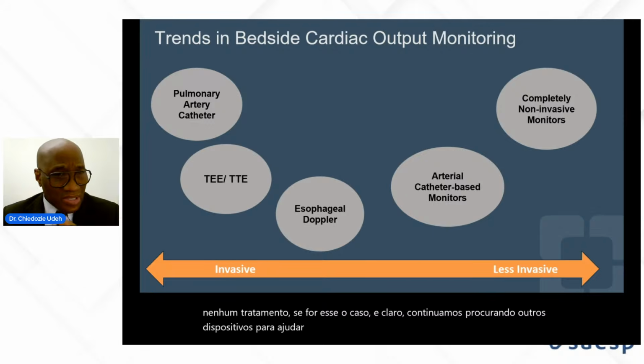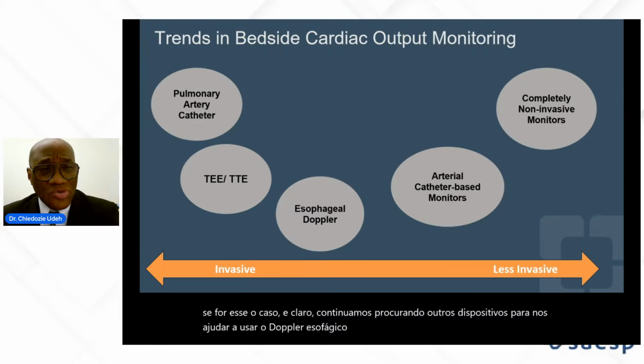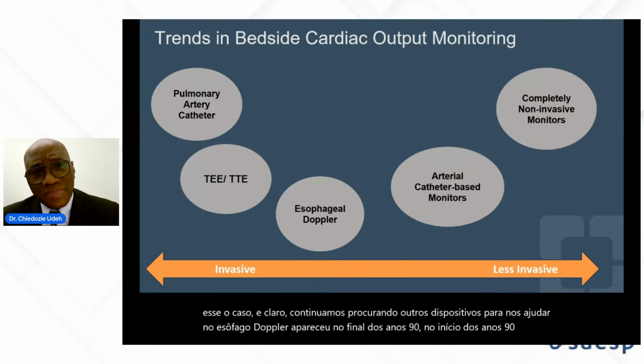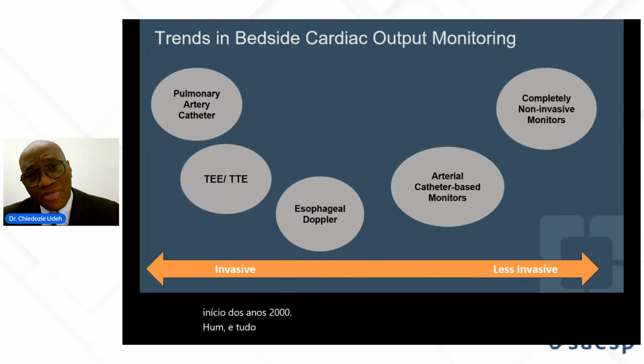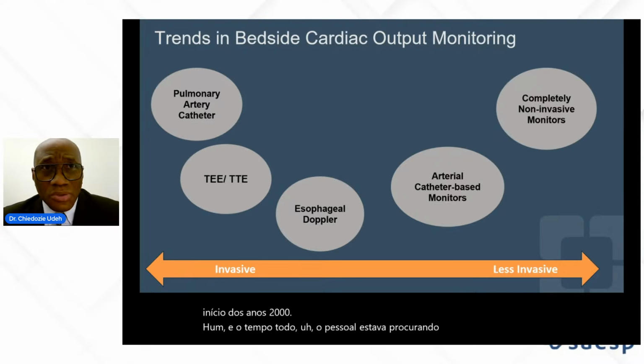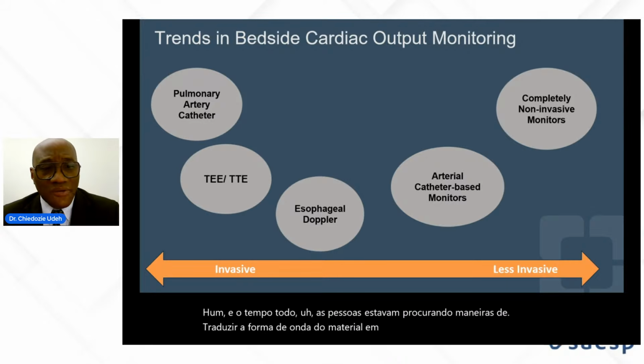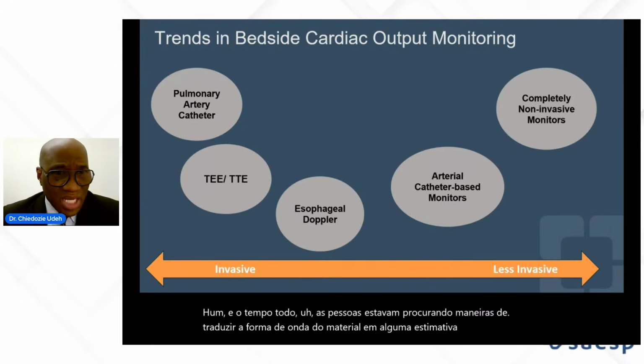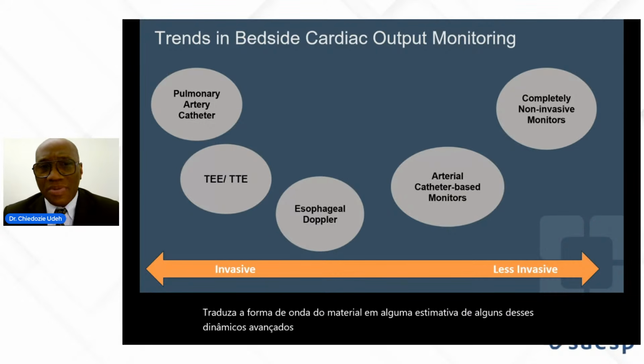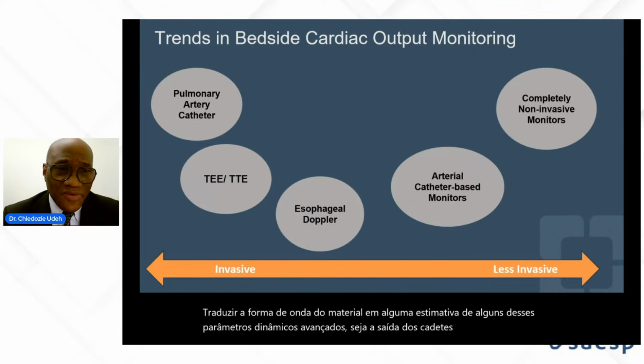Esophageal Dopplers came out in the late 90s, early 2000s. And all along, folks have been looking for ways to translate the arterial waveform into some estimate of some of these advanced hemodynamic parameters, whether it be cardiac output or stroke volume or SVR.